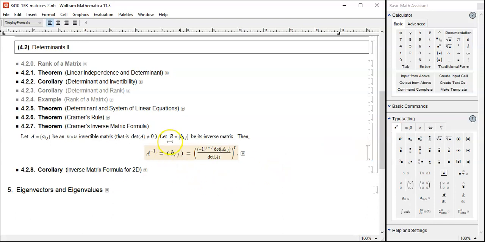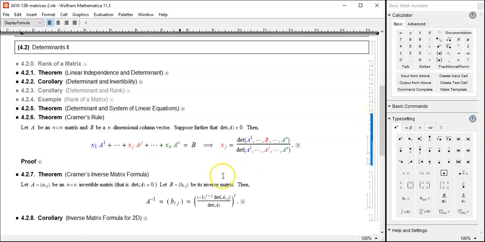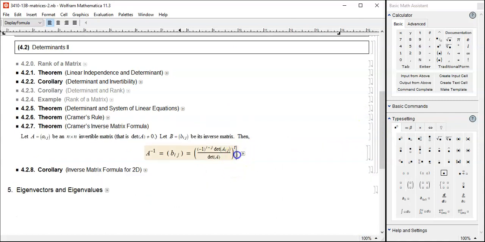Some people call this Cramer's rule, but our linear algebra textbook calls this Cramer's inverse matrix formula. In lesson 15, or the latter half of chapter 9 of our textbook, we use some of these, but mainly for the 2x2 case only.